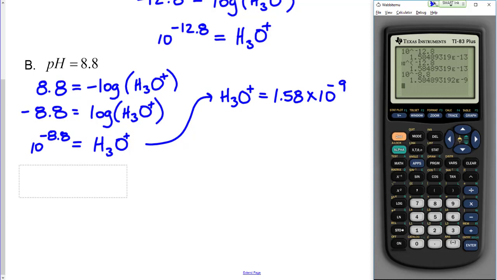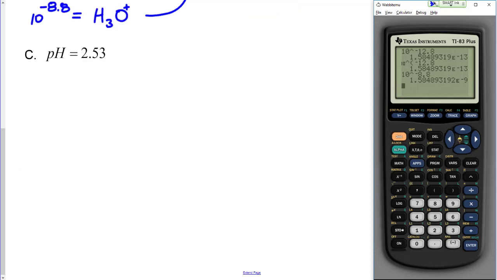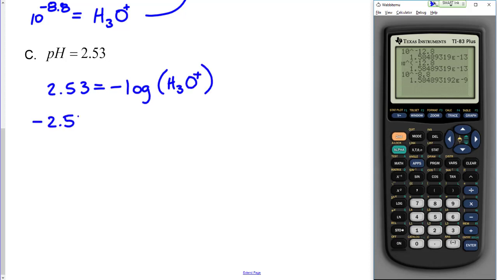Okay, and lastly, if I have a pH of 2.53, I would set that equal to the negative logarithm of the hydronium ion concentration, divide by the negative. Oops, I have my logarithm still here, sorry about that.